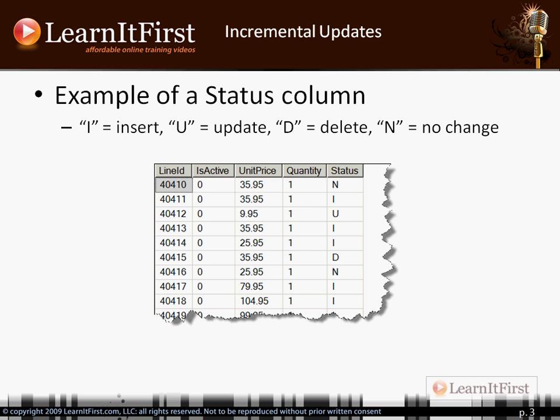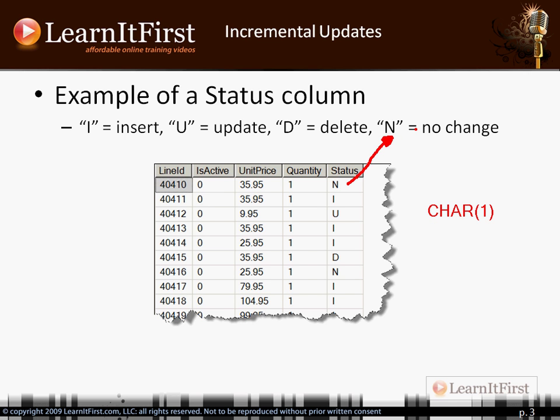So here's an example of a table with a status column. You can see that it's just a map. This status column's definition is just a CHAR(1). So you could see like an N would map to the fact that there's no change.